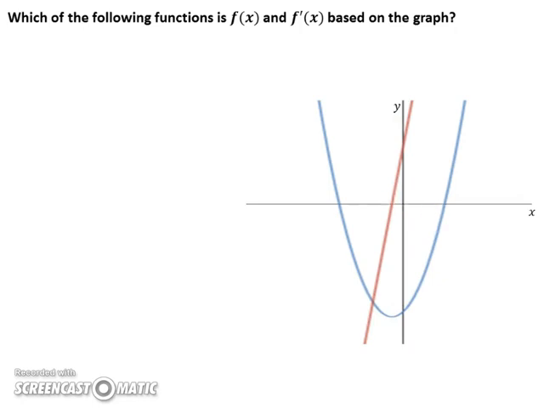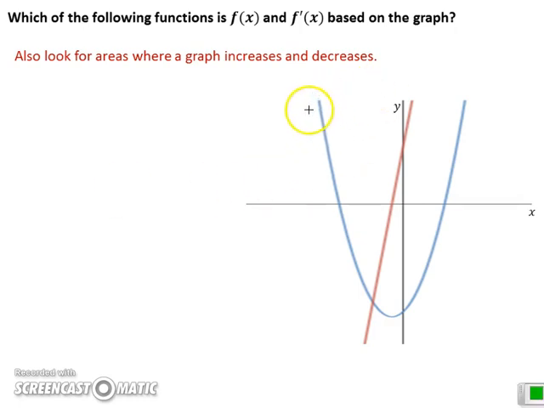But let's say that there's more than two graphs. Like you're going to get some that have the first, second, and third derivative or the original and two other graphs. So you need to identify. Sometimes it's not as easy. So you can also look for where a graph increases and decreases because think about it.